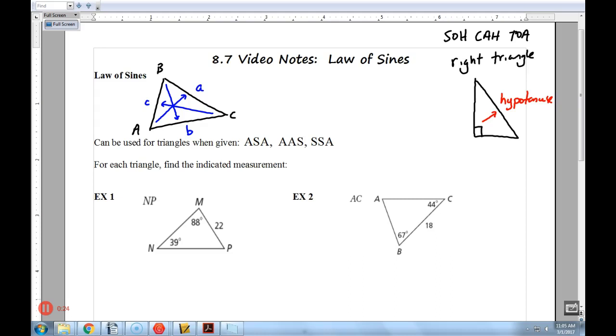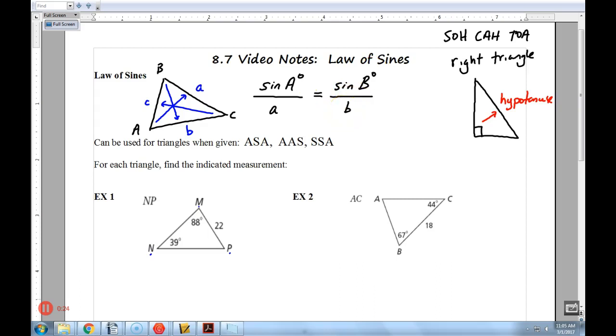Now, triangles can have other letters. If you notice, example 1 has an M and an N and a P. The big idea is you are related to who you are across from. They come in pairs. What you're going to be using is that the sine of any angle, in this case the sine of angle A, over the side across from it, little a, has to equal the sine of another angle, B, over the side across from it, little b.